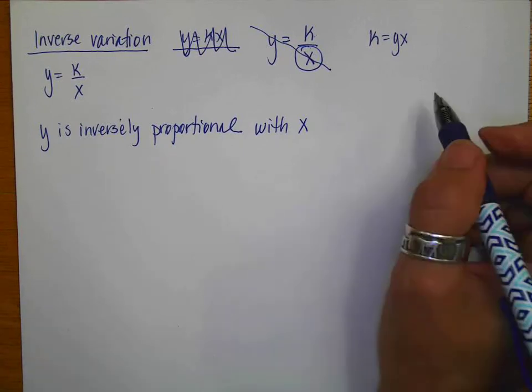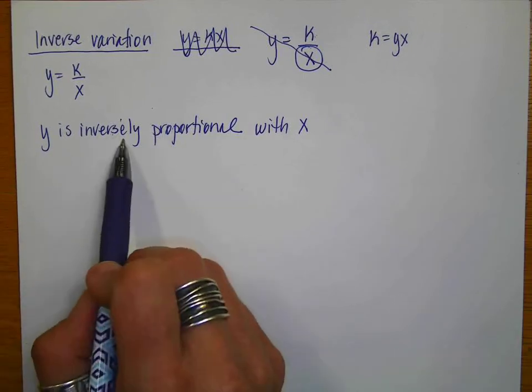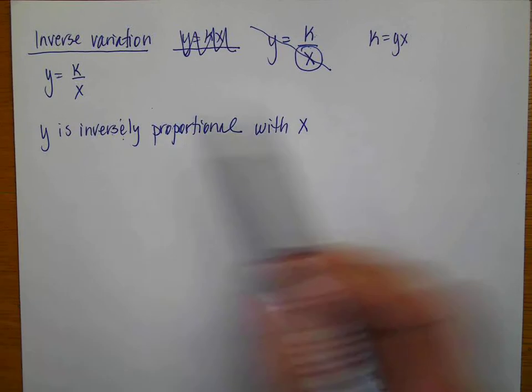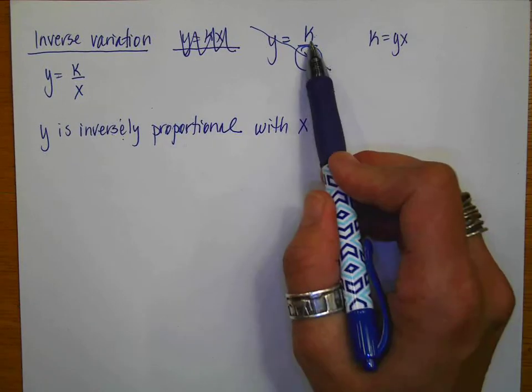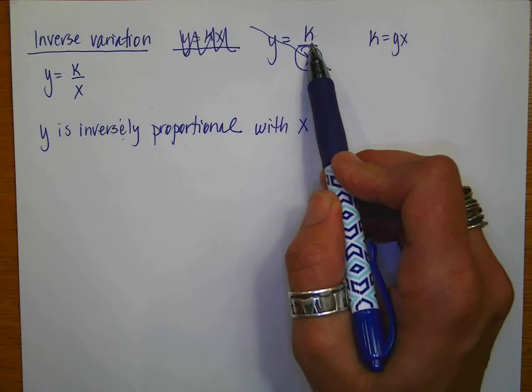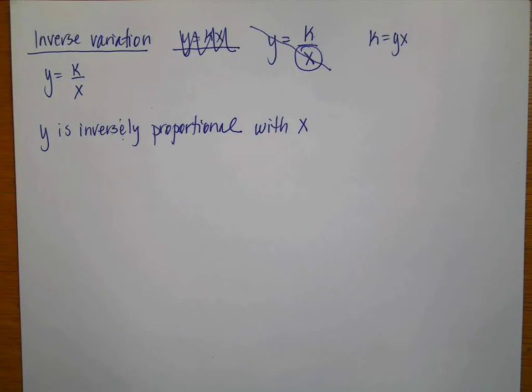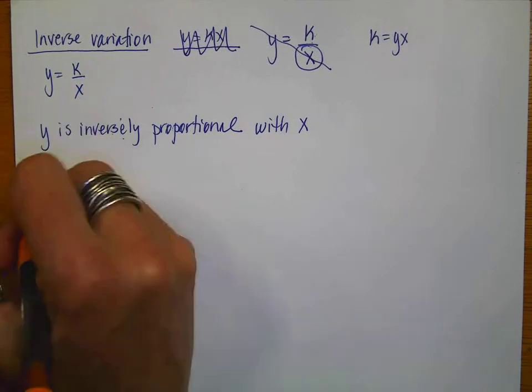So instead of saying y is directly proportional, now it says y is inversely, which means put it in the denominator, and that's all it means. The k is always held in the top unless a specific problem told you differently, but k is always going to be in the top. So then let's do an example.